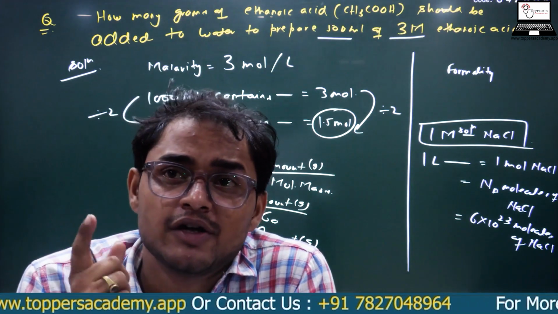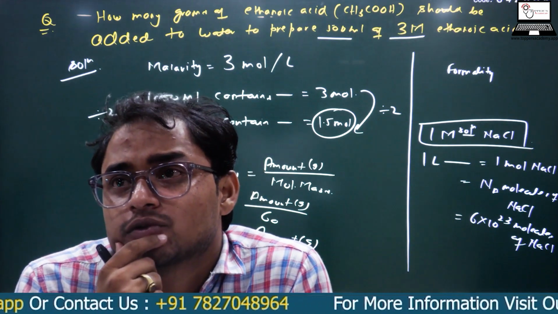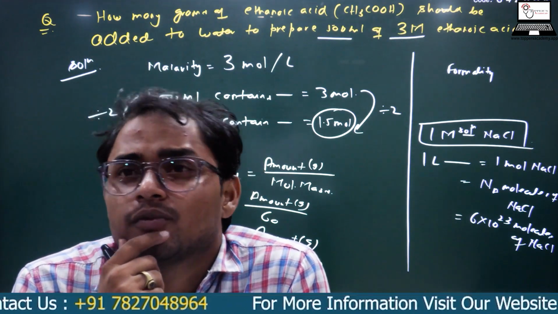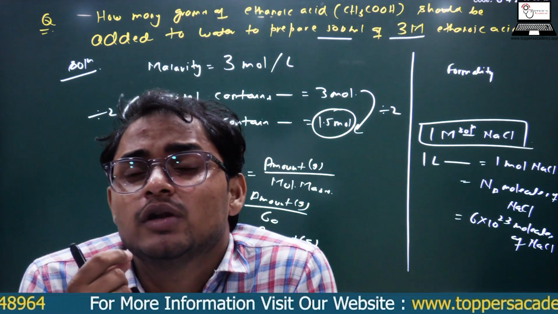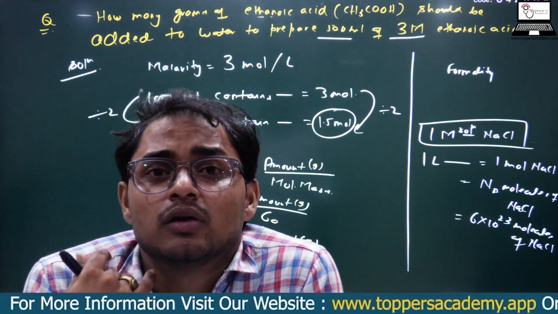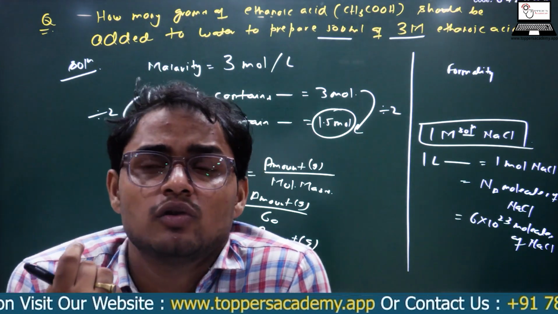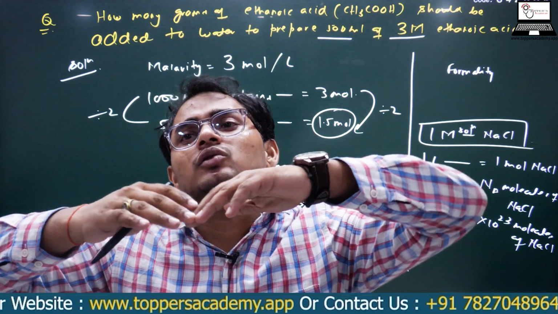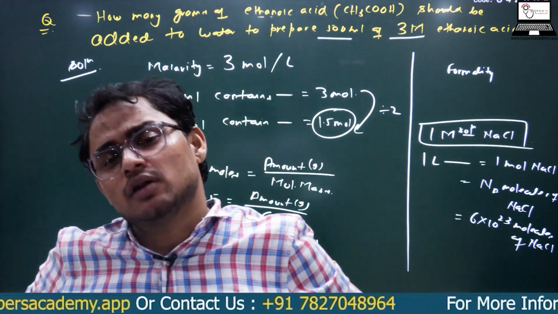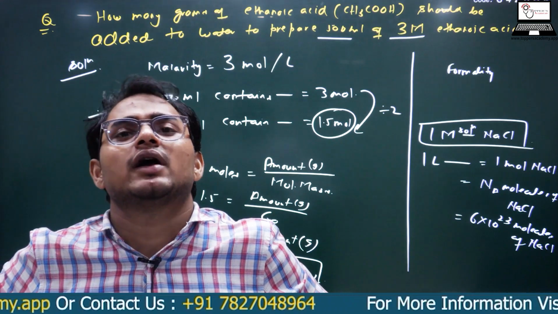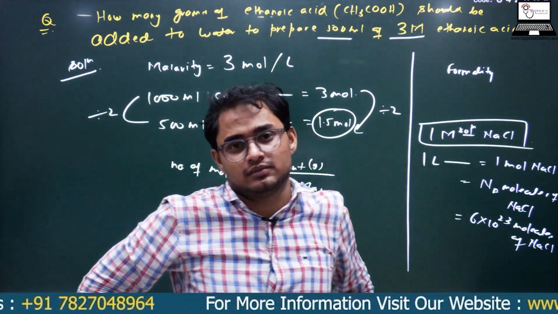So if 100% ionization of NaCl, a strong electrolyte, takes place, what will happen? There will be no molecule of NaCl, not even a single molecule, because all NaCl molecules will be ionized to Na plus and Cl minus ions. So there will not be even a single NaCl molecule in the solution. And you are saying that there are 6 into 10 to the power 23 molecules of NaCl. How can it be possible?